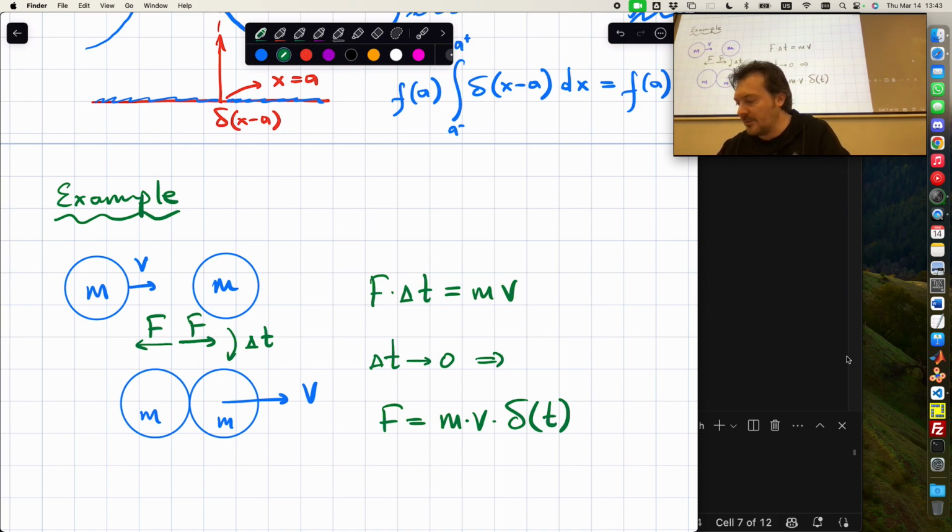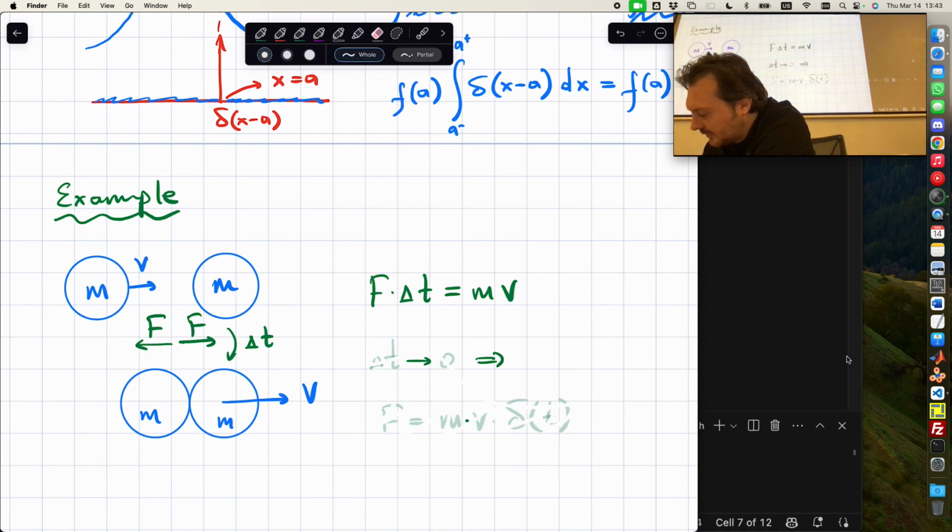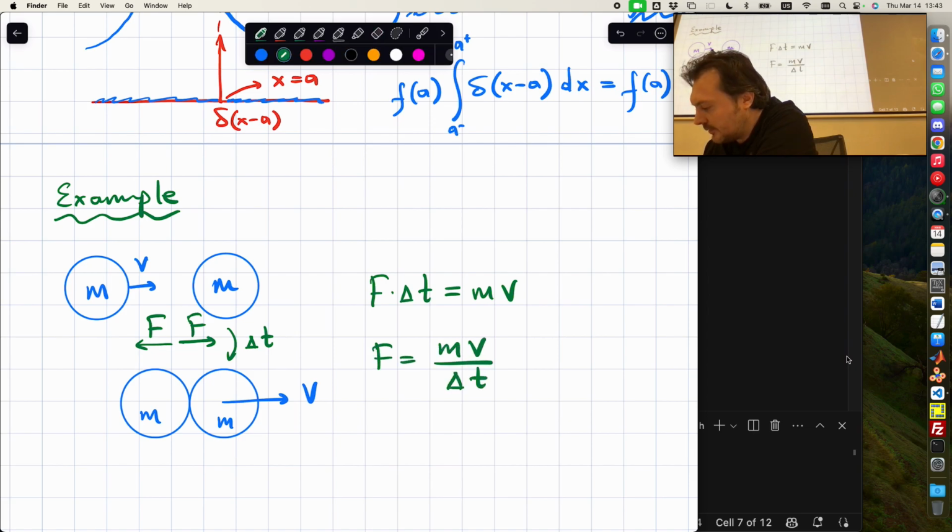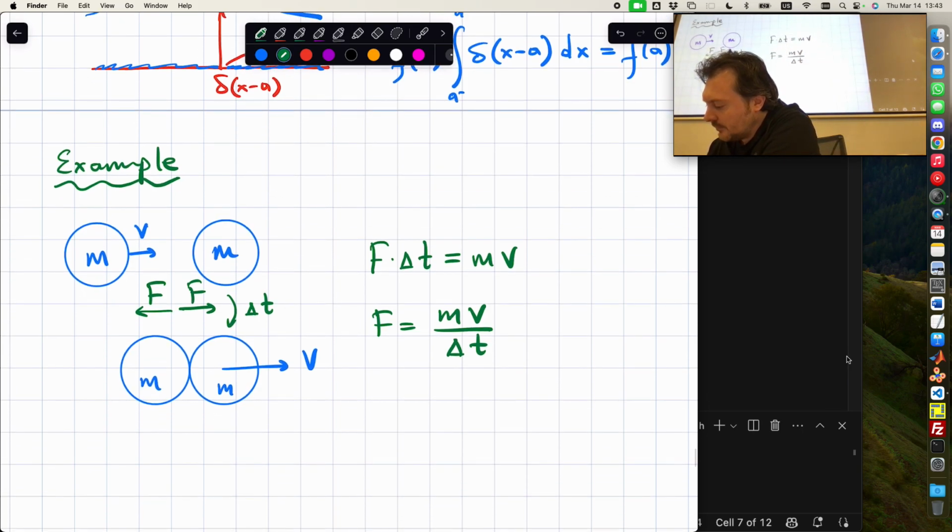And this is what's happening. But otherwise, let's write it again. What is F? F is mv over delta t, right? And as you take delta t to 0, F approaches m times v times delta.